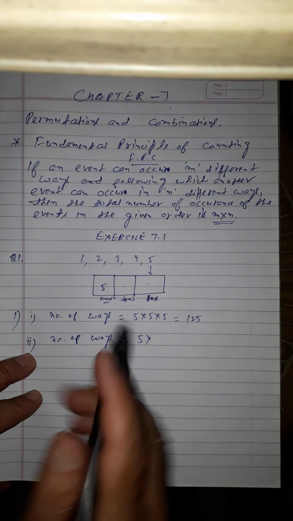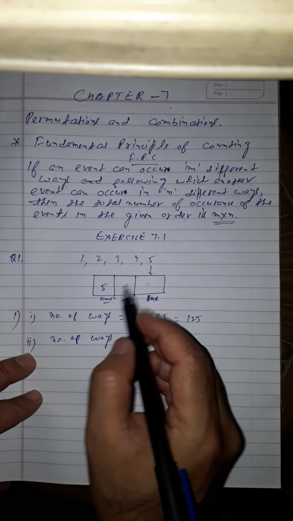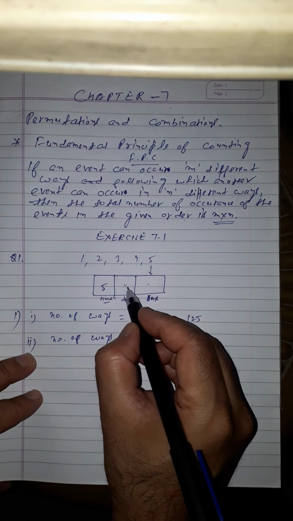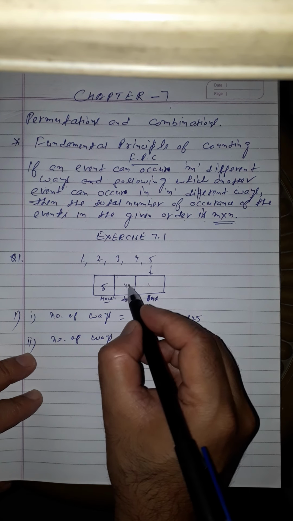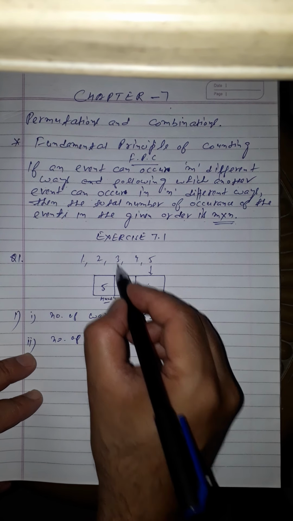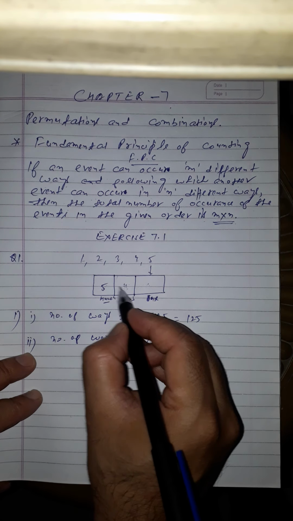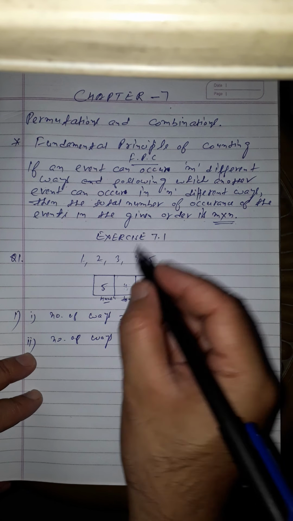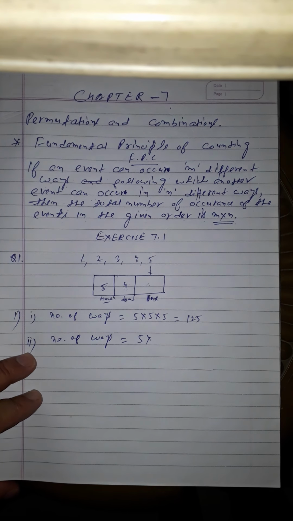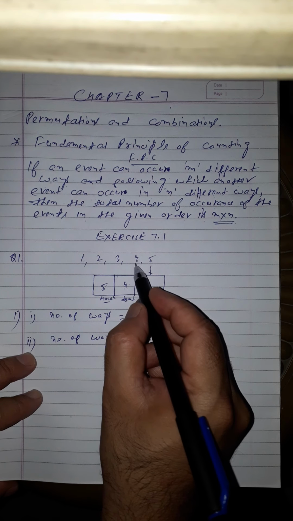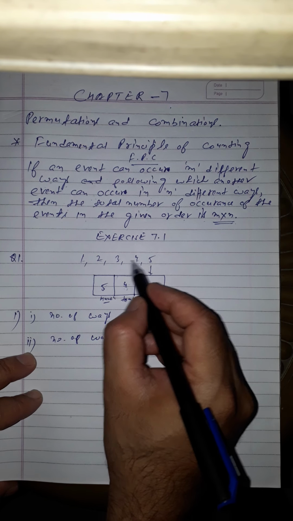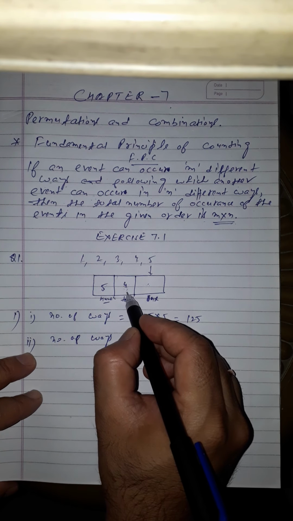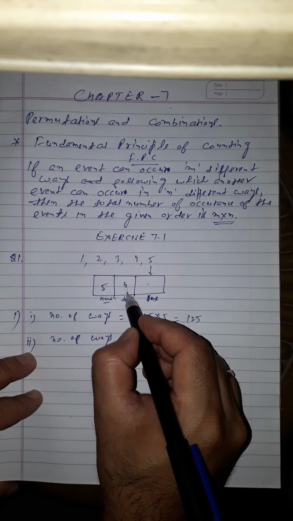Right students? Now the second digit we will take, there are 4 ways. Maybe 4, maybe we can use 3, maybe 2, maybe 1 here. For example, if I am using 4 here, there are 4 ways, that is 4, 3, 2, 1, any digit we can take here, students. It means 4 ways are there.